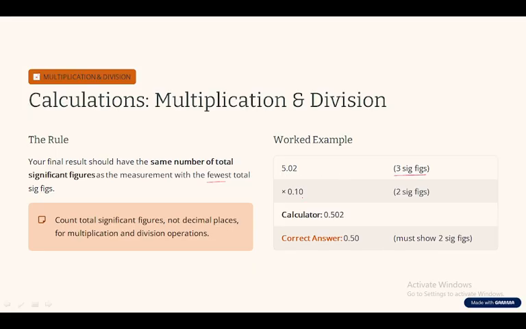Times 0.10, two significant figures. If you multiply, you get 0.502. So what is the least? Two significant figures. Therefore, the correct answer will be 0.50, which shows two significant figures. So it should be the fewest or least total significant figures for multiplication and division.